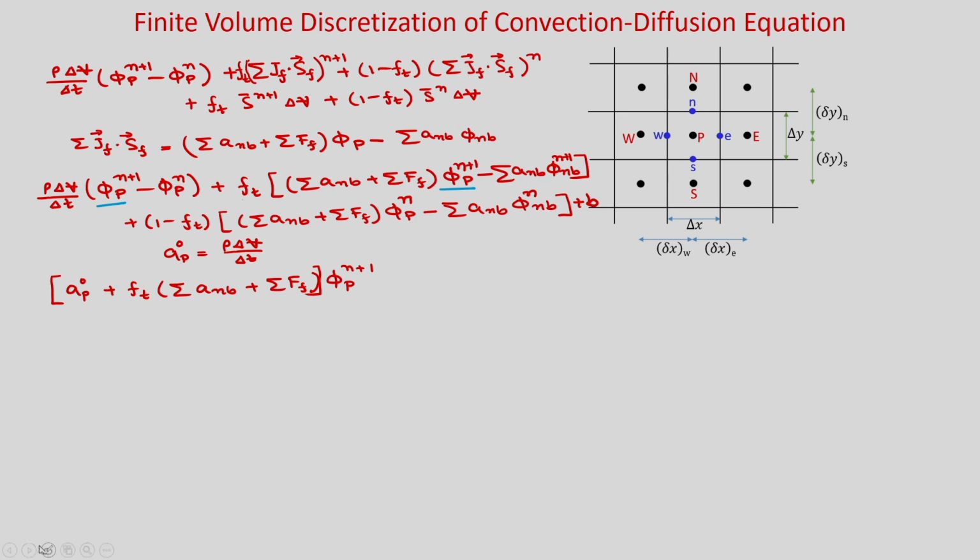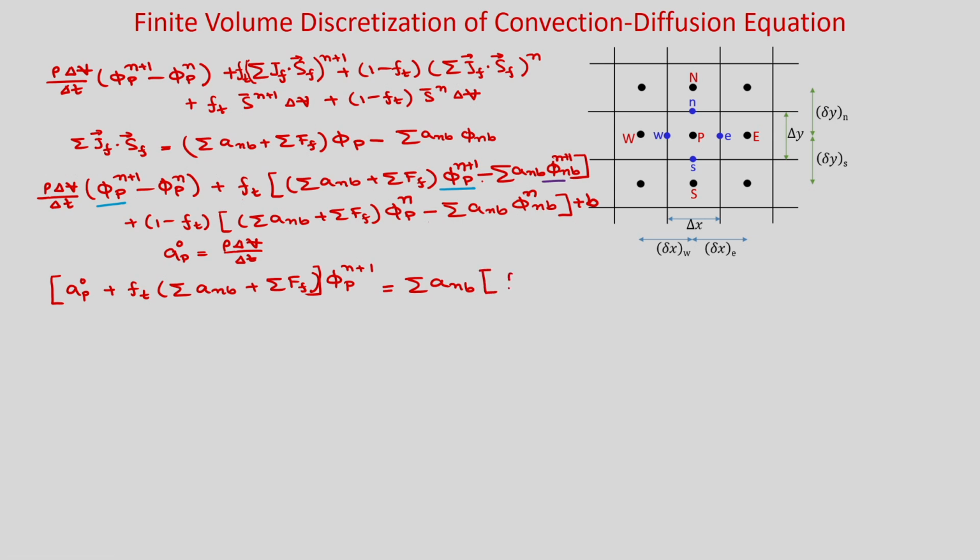Now, you take the neighbor term in the right hand side. So, this is your neighbor term at n plus 1, so this you take in the right hand side. So, equal to, you can write summation of a n b. So, you see this is minus, and minus f t, and here also minus 1 minus f t. So, let us take in the right hand side, so it will become plus.